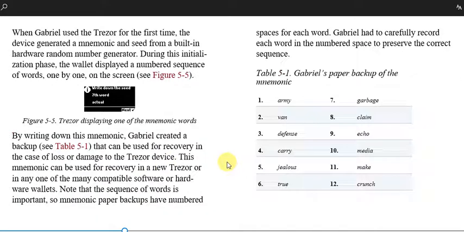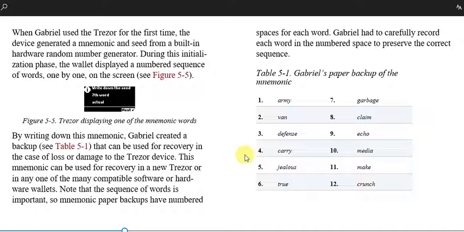When Gabriel used the Trezor for the first time, the device generated a mnemonic and seed from a built-in hardware random number generator. During this initialization phase, the wallet displayed a numbered sequence of words, one by one, on the screen. See Figure 5-5.